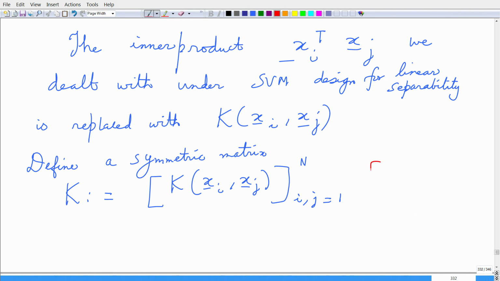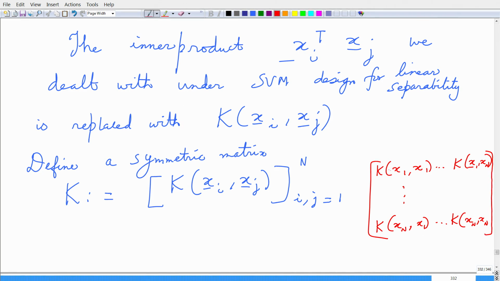You can visualize this as a stack of k(x1, x1) dot dot dot k(x1, xn), up to k(xn, x1) and k(xn, xn). So, this is sort of the Gram matrix that I can form from my vectors xi.